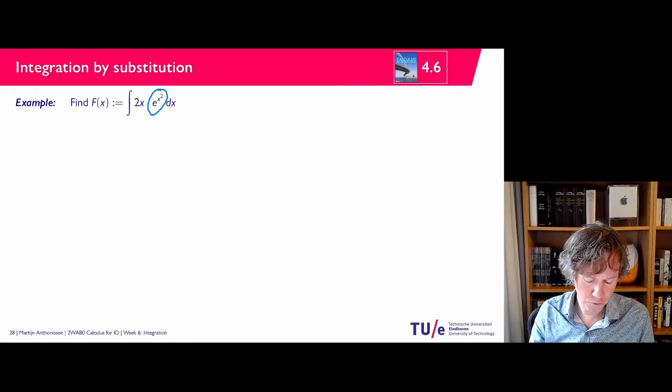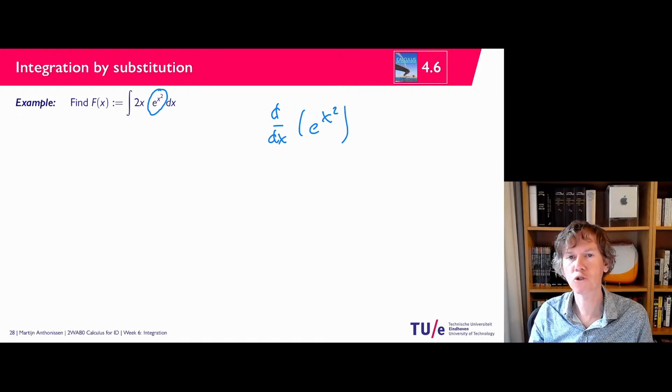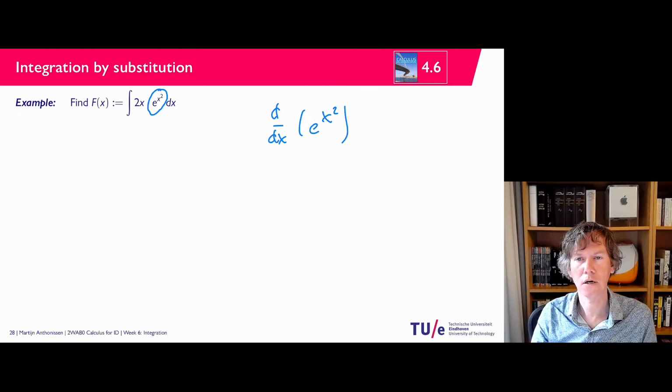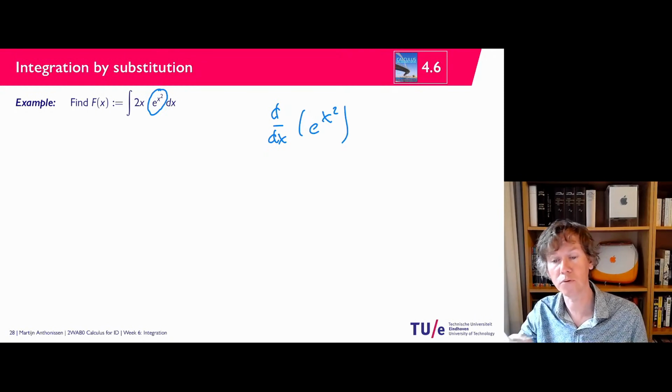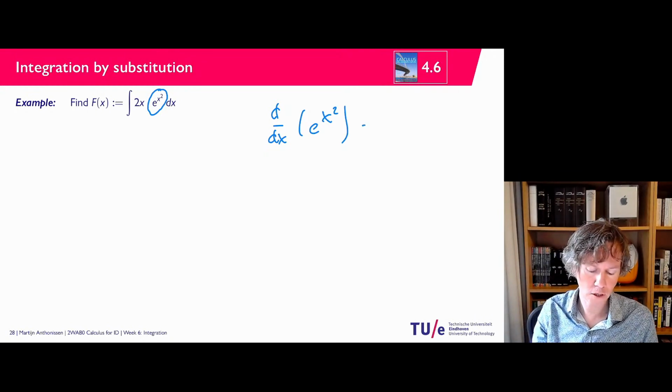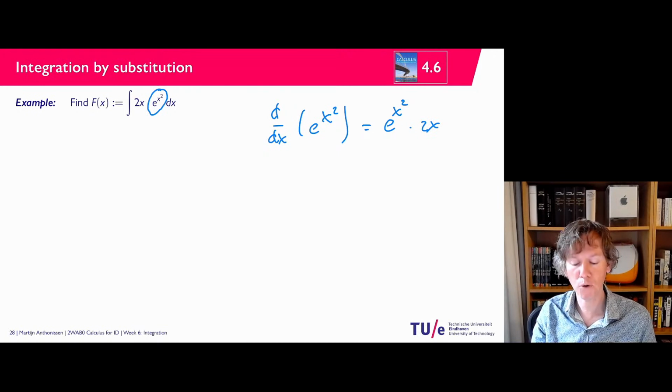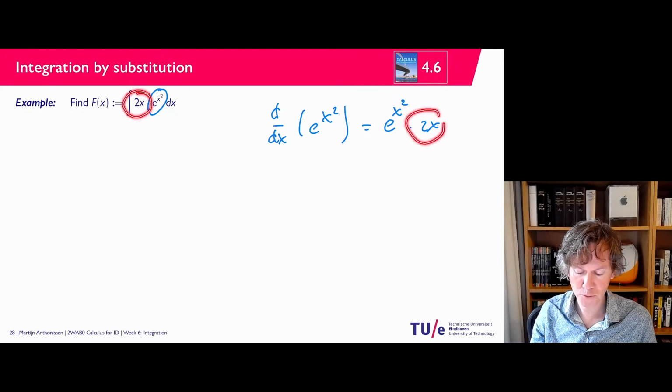If you do the d/dx of e to the power x squared, you might try to pick that as a primitive function, because an exponential, if you differentiate it, you get the same exponential, and then there is the chain rule and you get maybe extra bits, but this would be a nice start. And you see that if you differentiate, you get e to the power x squared, because it's an exponential, times 2x. And a small miracle has appeared, because apparently the 2x here precisely helps you with the chain rule.